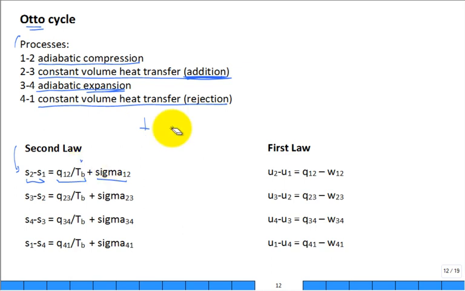Okay, for the process 1 to 2, it's adiabatic compression. Can you make any observations about any of these three terms, I'll call it A, B, or C? Who would like to participate? Which one is 0? C. So both of them. If somebody said, look at adiabatic, I know what that means. That means Q is 0.